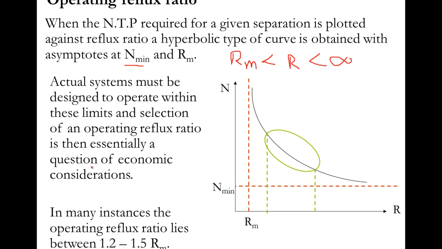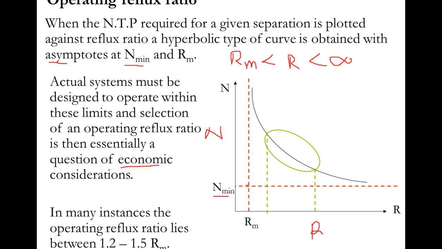Obviously this is an economic consideration. If we plot a graph between the reflux ratio and the number of transfer units in this manner, when the reflux ratio is infinite we get our minimum number of transfer units, right?